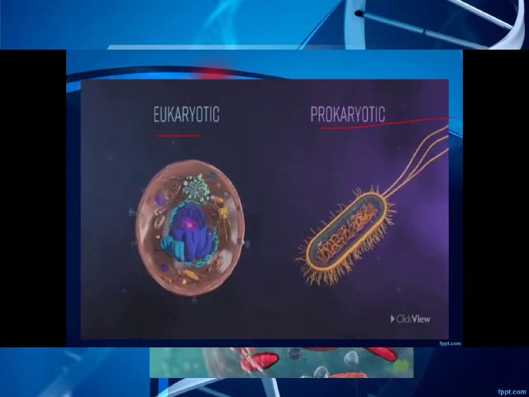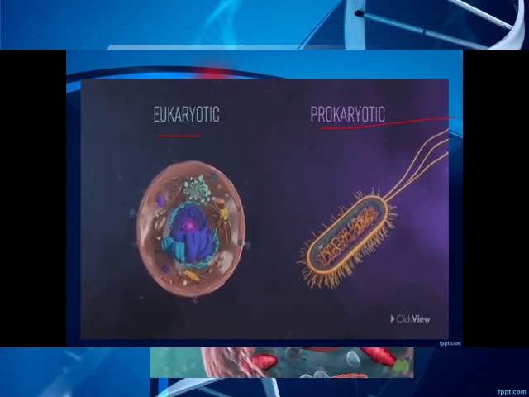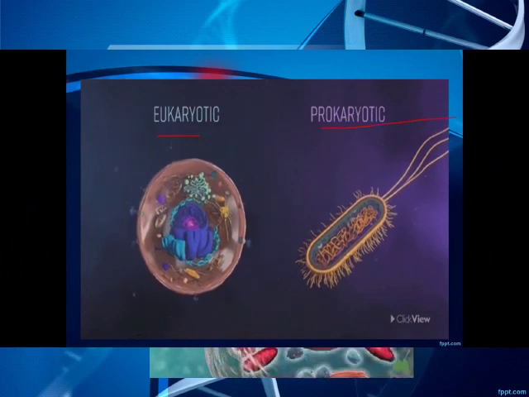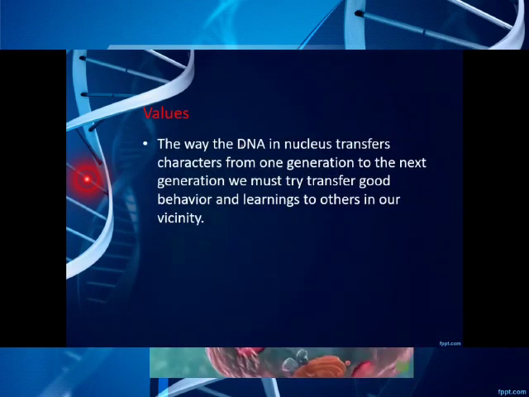So here you have a well-defined nucleus. Here you do not have a well-defined nucleus. I hope it's clear. Moving on to some values which you can learn from this nucleus: you all know that the DNA is present in the nucleus, which transfers characters from one generation to another generation.